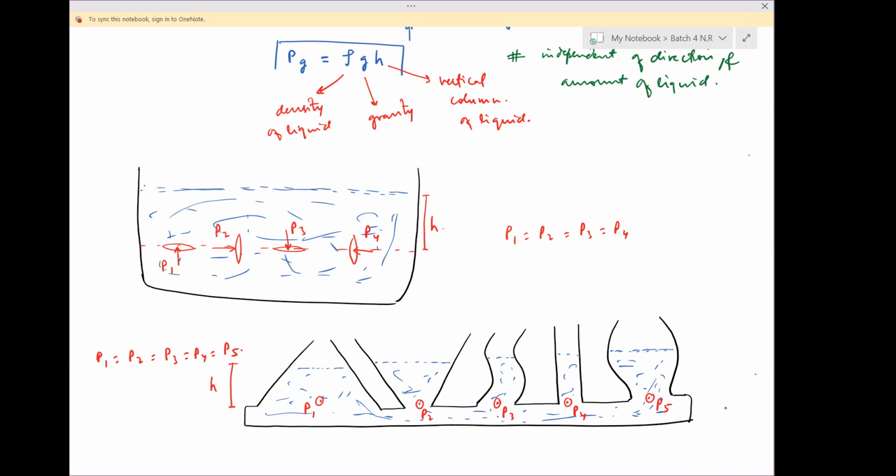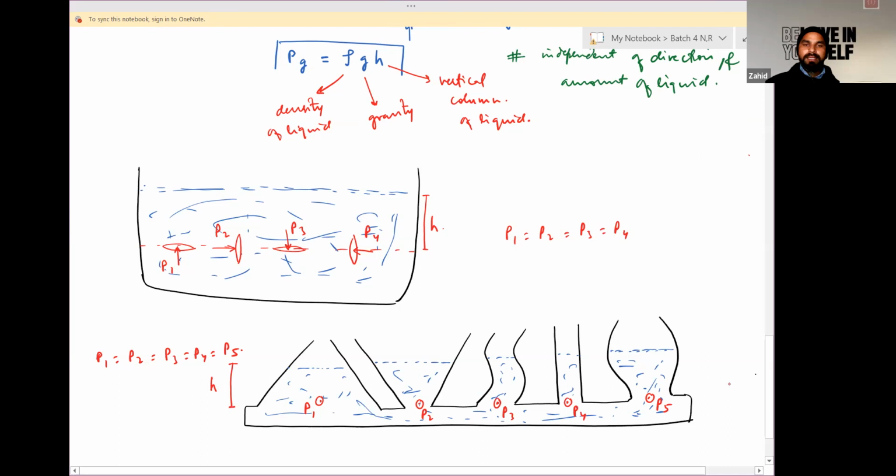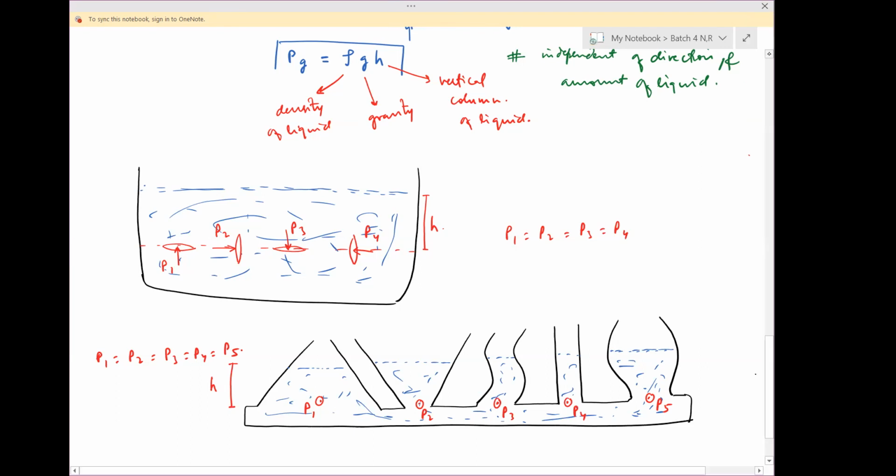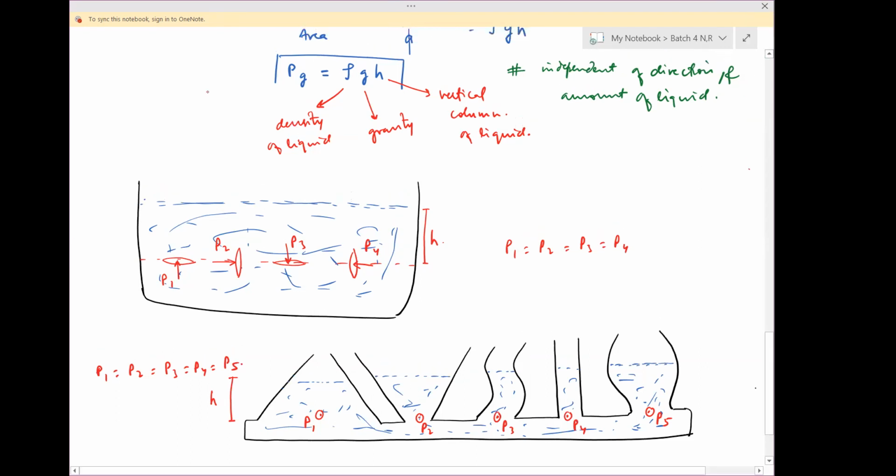Yes, sir. Okay. Mazia, is it clear? If the vertical column changes, pressure also changes. Okay.